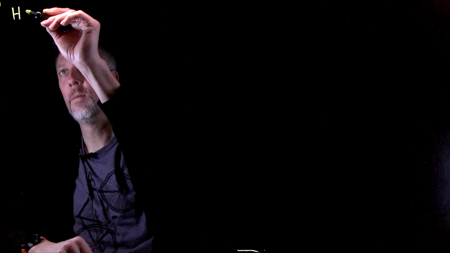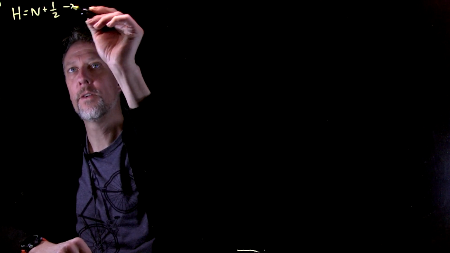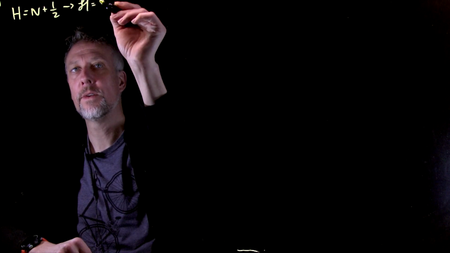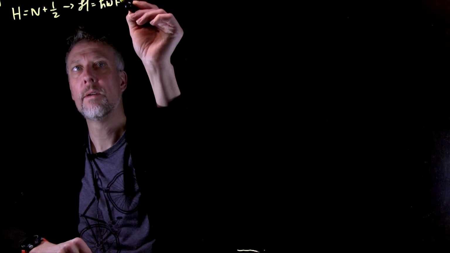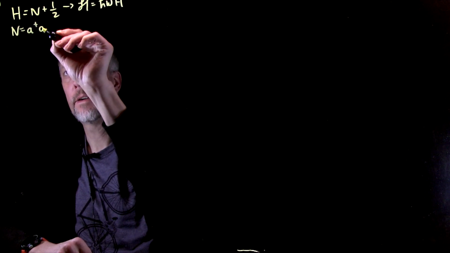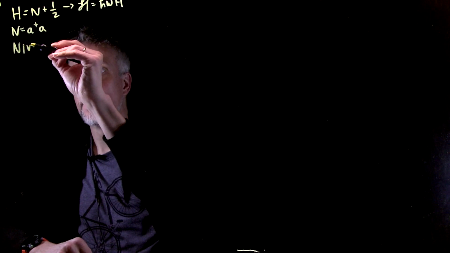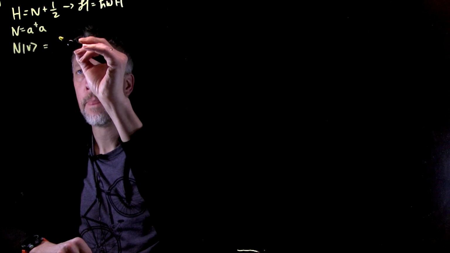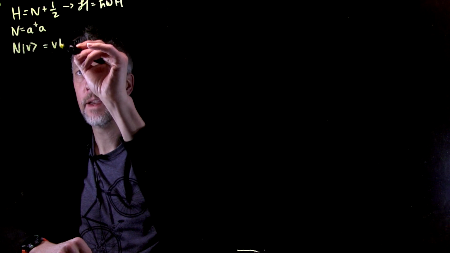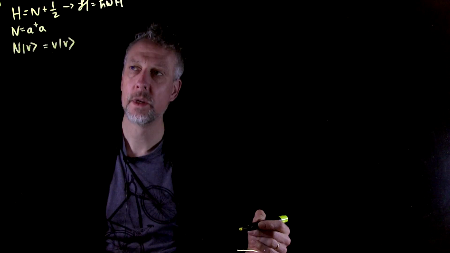All right, so the Hamiltonian is N plus a half, which we can convert to a physical unit Hamiltonian by just multiplying by h bar omega. N, we recall, is a dagger A. N operating on the vector v gives us back v, or we could call it n, doesn't matter, just some number.